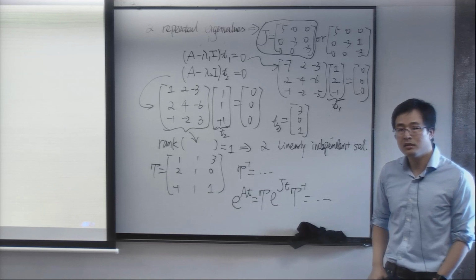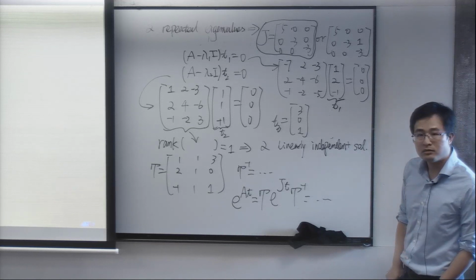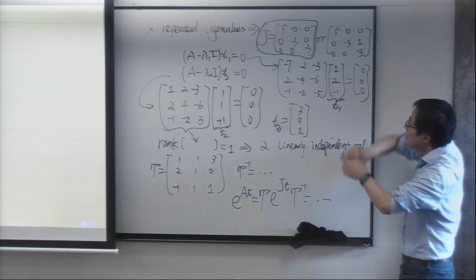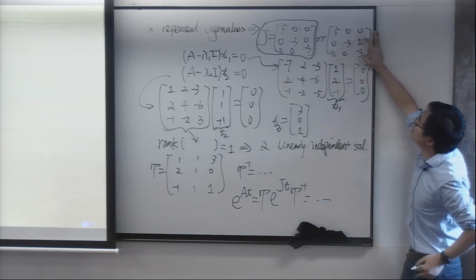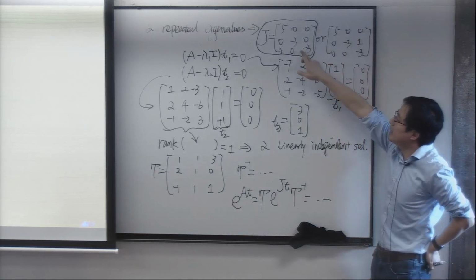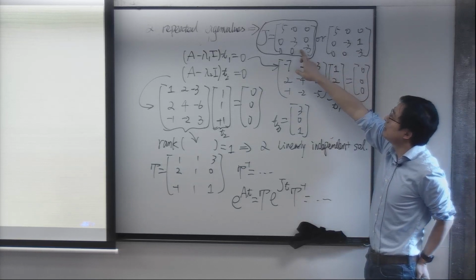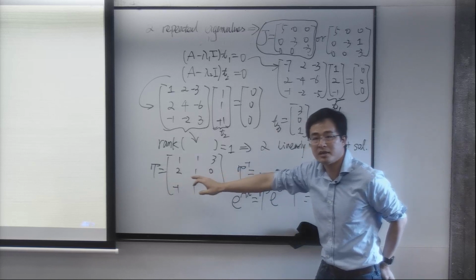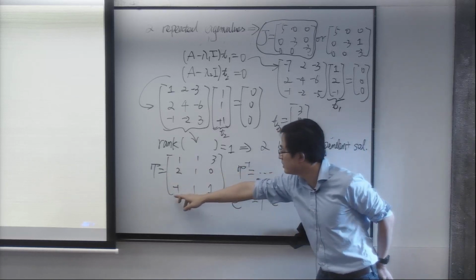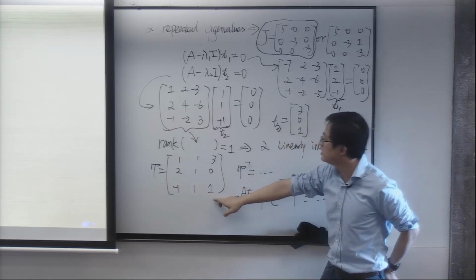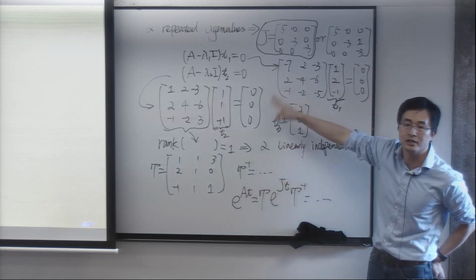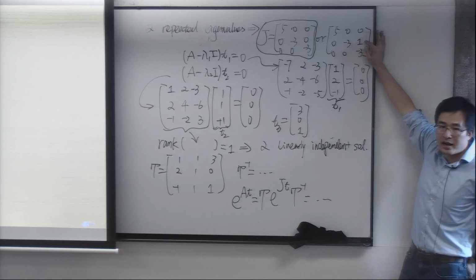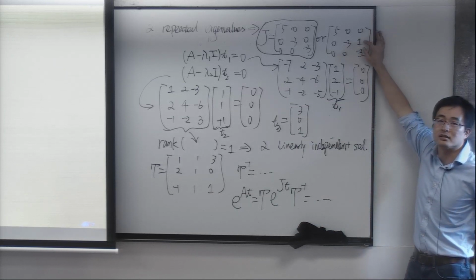Yes? Can you explain one more time why the Jordan form is the one on the left and not the one on the right? Okay, so for this to happen, this is the best thing we can get. This is happening if I compute T matrix. If I pick my T matrix, I can directly get 3 linearly independent eigenvectors out of these solutions, right? So this kind of thing happens only if I have some generalized eigenvectors.